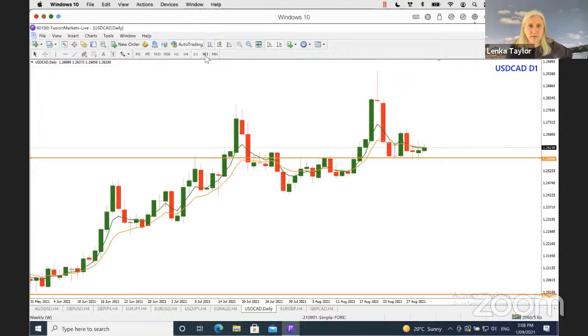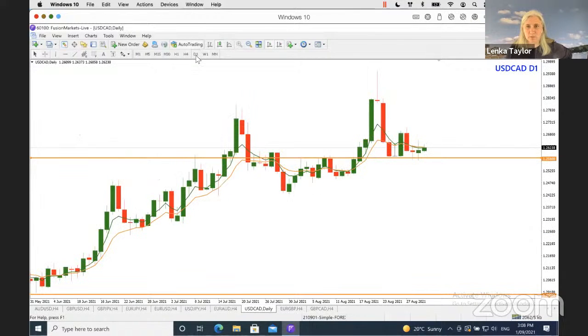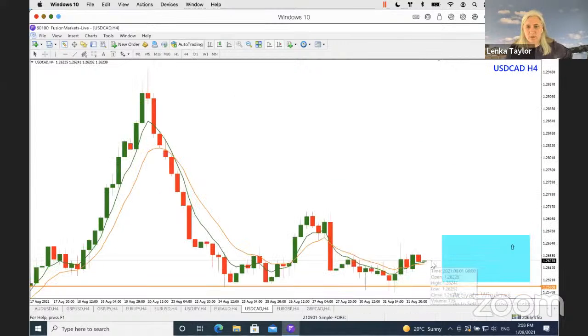Sorry, wrong way around. That was a resistance, and now I'm looking for a retest to see if it will become a support. Price action on the daily is looking good. So just looking for any other sideways movement and then a reversal in the upward direction, and I would be looking for a long on USDCAD.